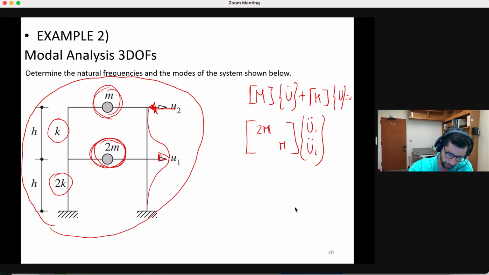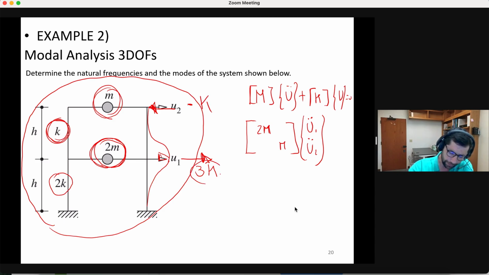At level 1, well, the reaction is going to be proportional to 2k plus k. So it's going to be equal to 3k, basically, okay? Level 2, the reaction is going to be proportional to k and is pointing in the opposite direction. And therefore, it's minus k, okay?